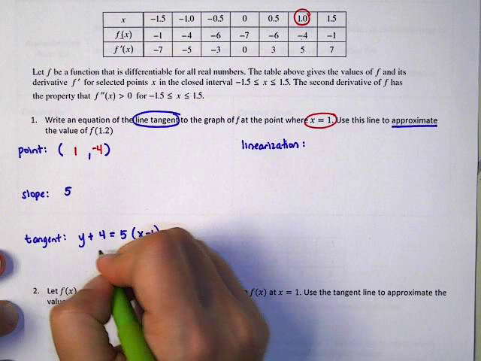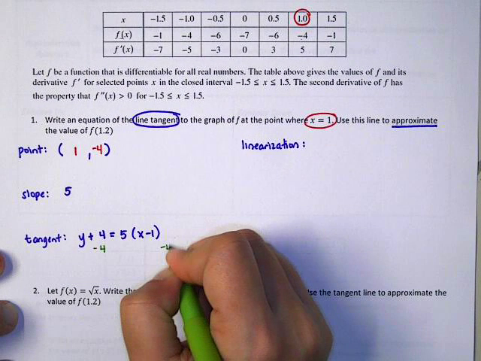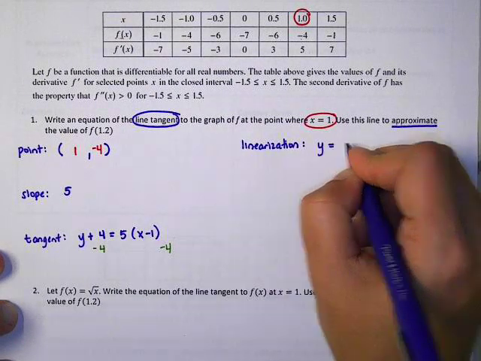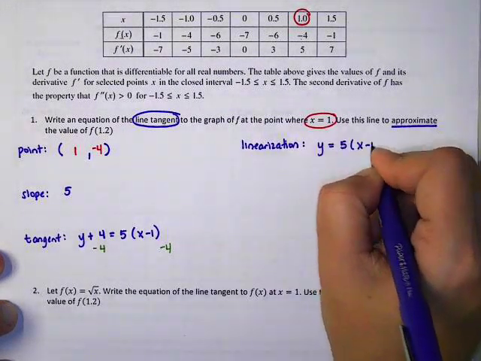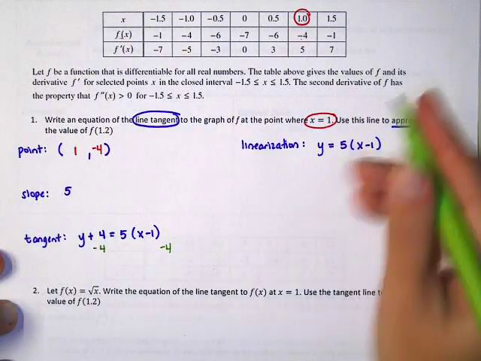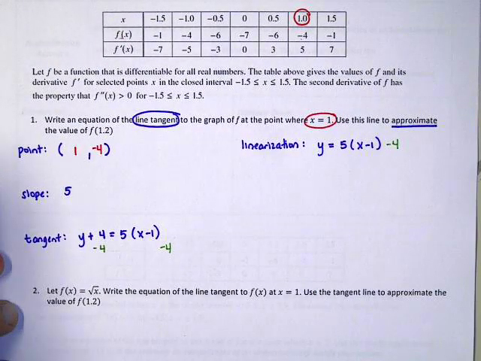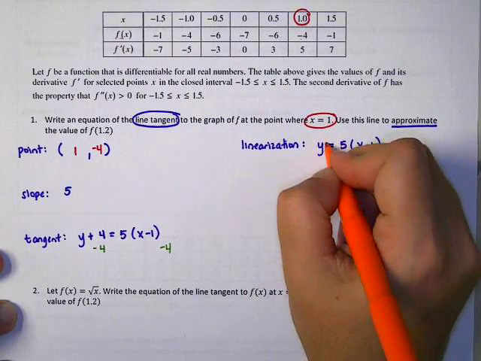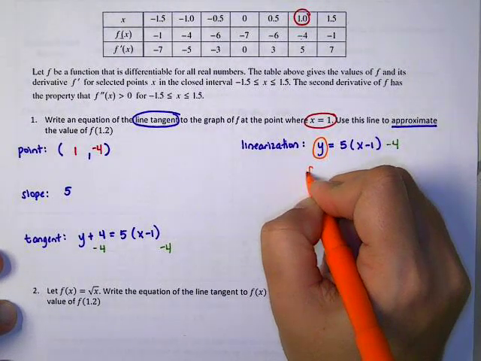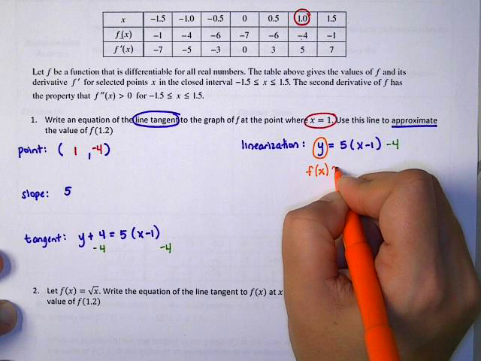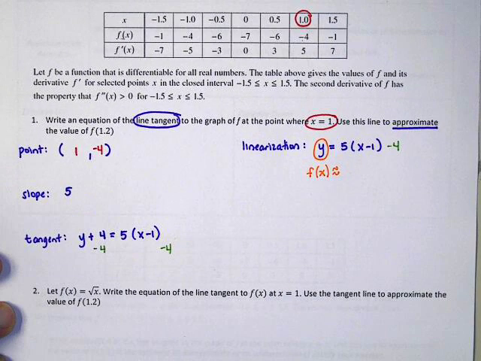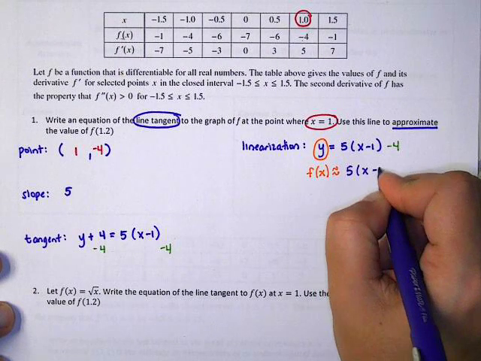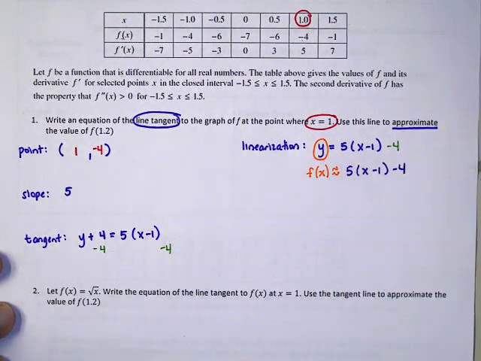So I'm going to subtract the 4 on both sides, which means I'm going to have y equals 5 parentheses x minus 1 and then minus 4. And then I'm going to change the y to f of x because we're going to be using this equation to approximate values of f of x. So I would say f of x is going to be approximately 5 parentheses x minus 1 minus 4.